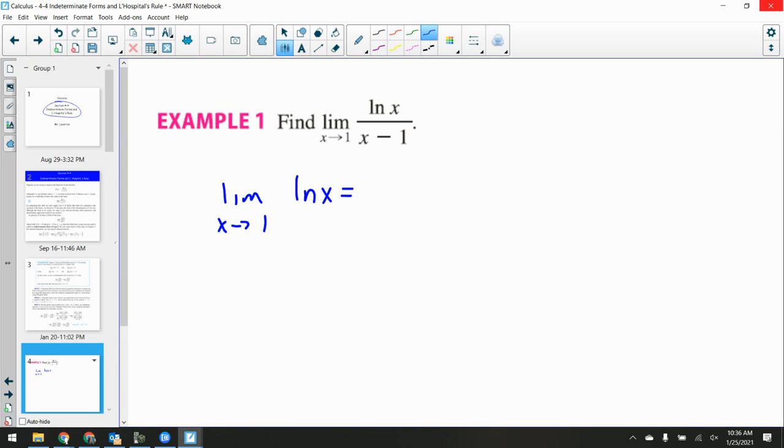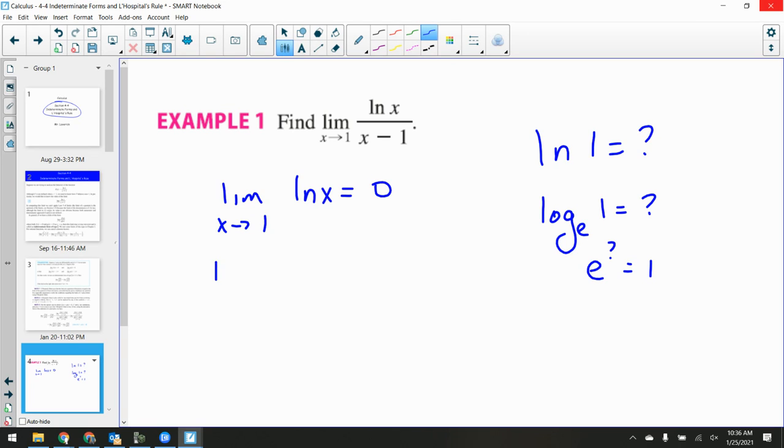Well, if I plug in 1 directly for x, what is ln of 1? 0. Right, log base e of 1 is equal to what? e to the what power is 1? Anything to the 0 power is 1.